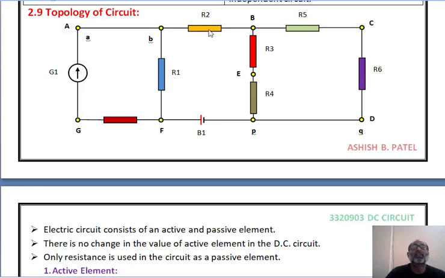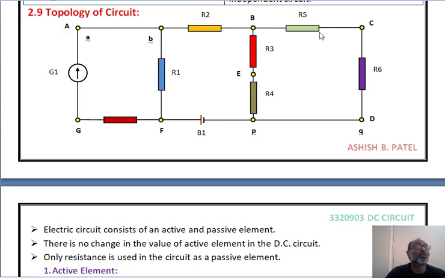For example, nodes B and C are connected by this resistance R5, so R5 is a branch.